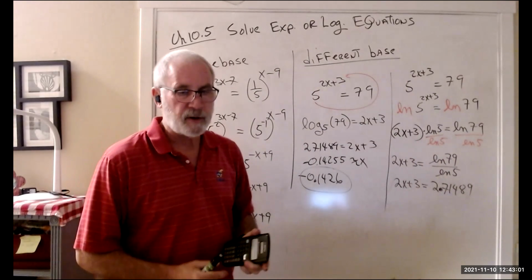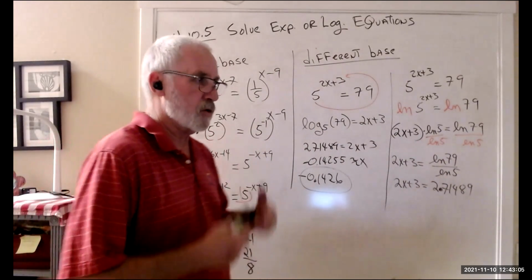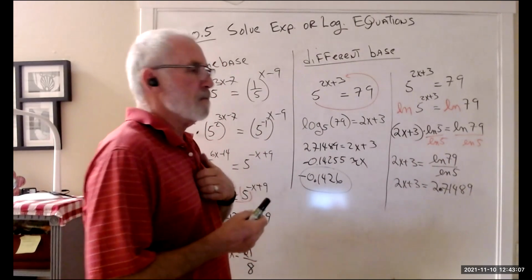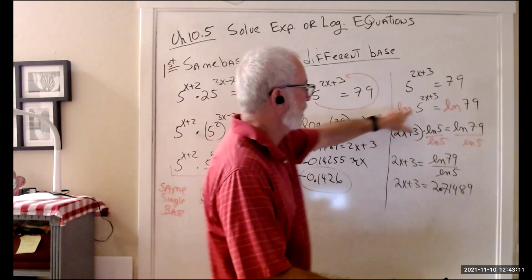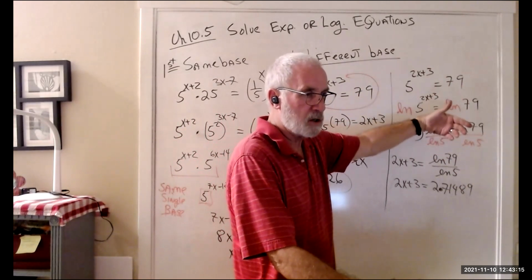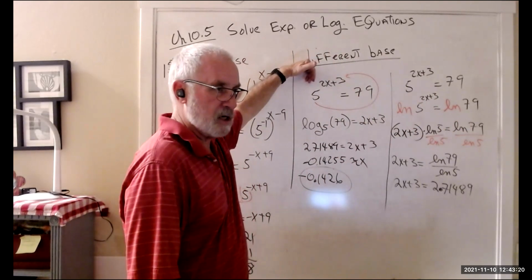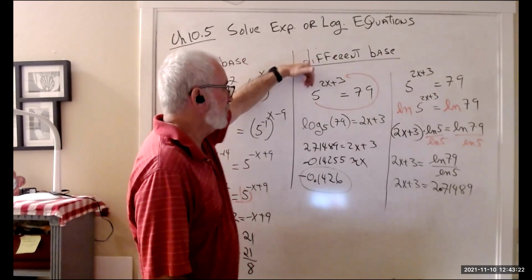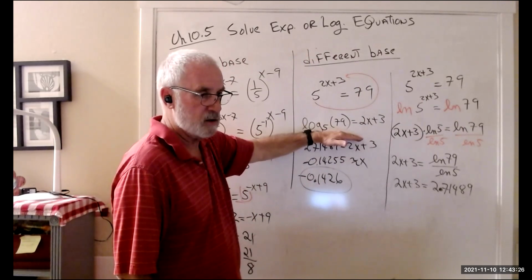So it kind of depends on what your instructor, might be a chem teacher, might be somebody else. A lot of people like to use this technique, ln of both sides, allowing you to use your log laws. Other people like to use the bridge technique, convert it instantly into a logarithmic equation, and then use your calculator.